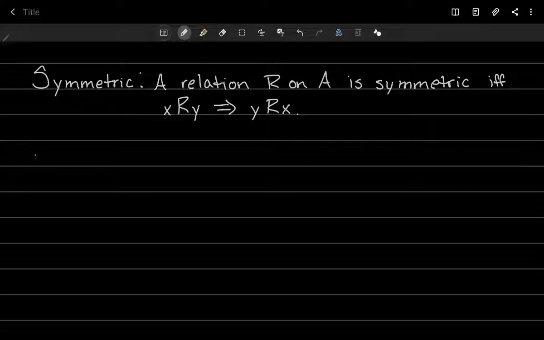So let's start with the sister example. x S y means x and y are sisters. But that's no different than saying y and x are sisters.